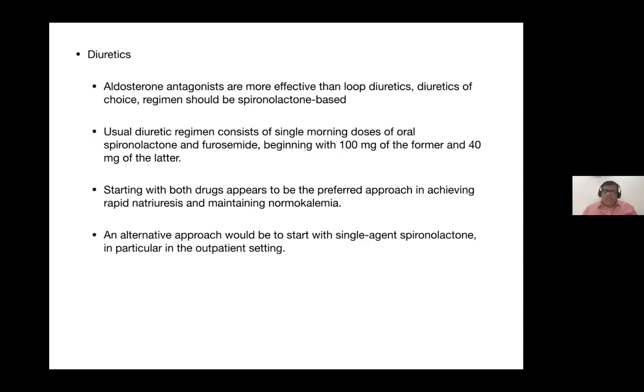In an outpatient setting, with patients who have grade 1 or 2 ascites, you may think of starting only spironolactone, but be careful about potassium levels because they can tend to go higher. My experience is a lot of our patients, when they are diagnosed with any major disease, start drinking a lot of fruit juices.